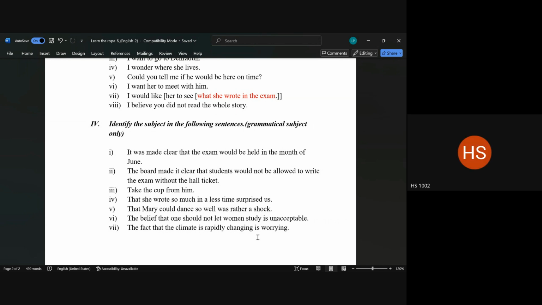You mean that one should not let women study comes first and the belief later? I do not think so, because that will make it grammatically wrong. It's not like that. Like one should not let women study, that belief is unacceptable. No. So then you are changing the entire structure of the sentence, right?